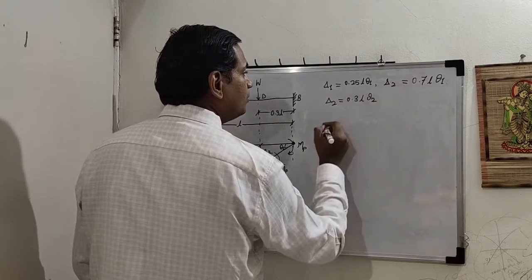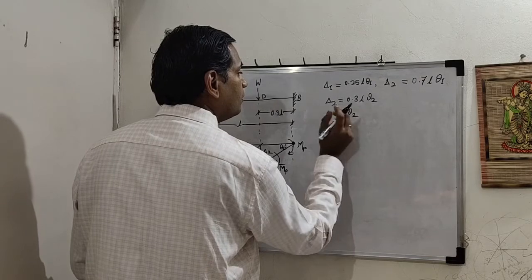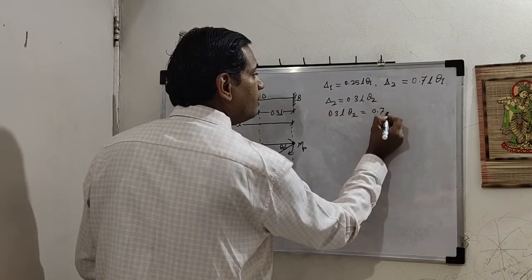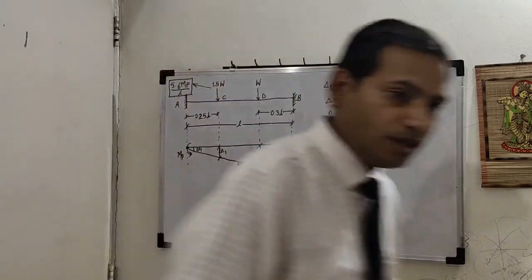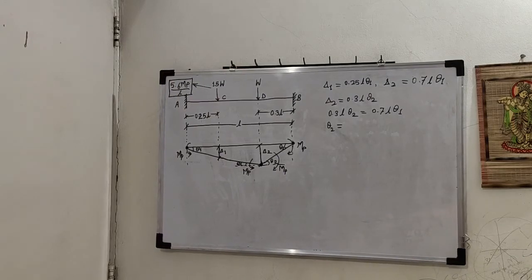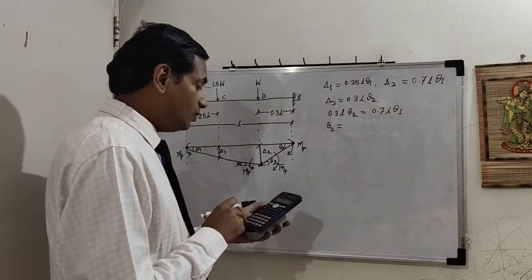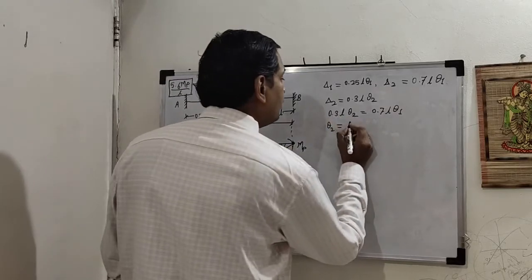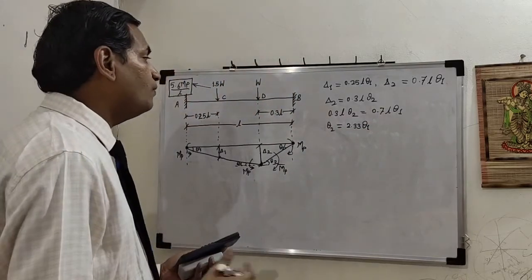We will equate these two, so 0.3 L theta 2 is equal to 0.7 L theta 1. So from this theta 2 is equal to, I'll get the calculator in a minute, 0.7 upon 0.3 is 2.33 theta 1. Okay, so all these three values we have got.